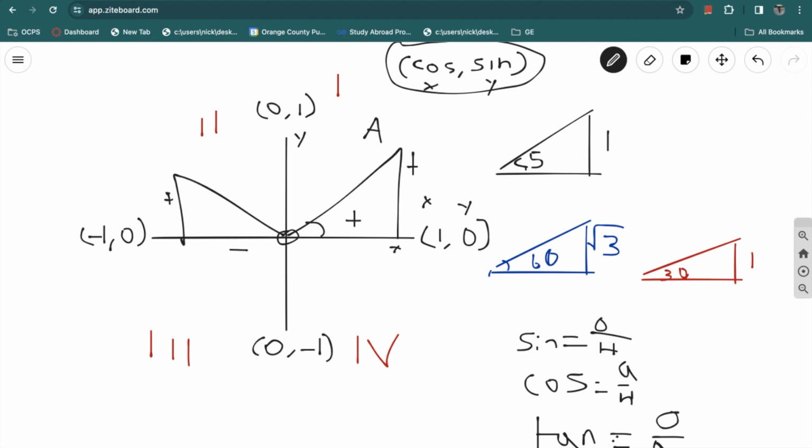So that means tangent, a positive over a negative, is negative, so here only sine is positive. Now we make an angle here. Cosine is also negative because it's on the negative side.